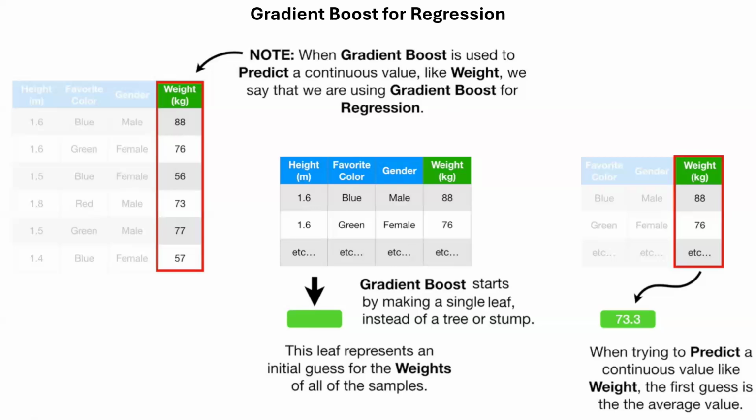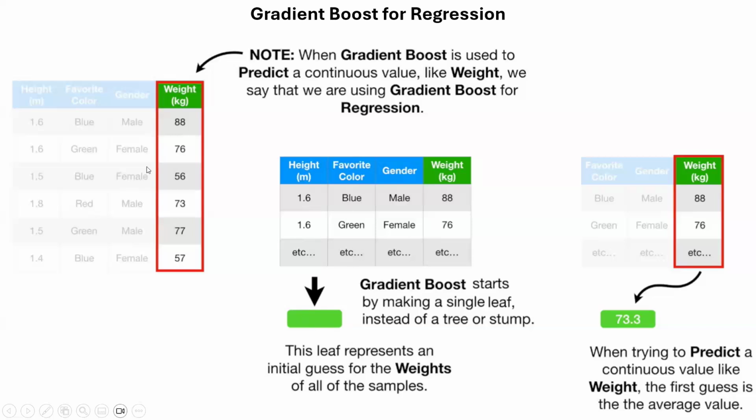The first step in gradient boost, whether it is for regression or classification, is to create a single leaf. Instead of creating a tree or stump, we start by creating a single leaf. This single leaf is the initial guess for the weights of the samples.